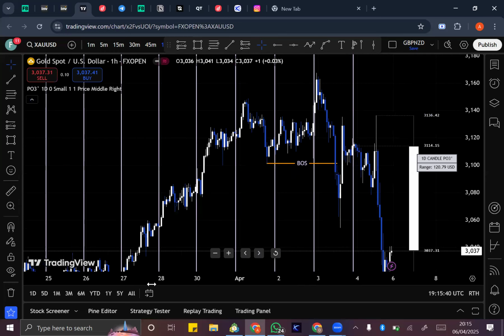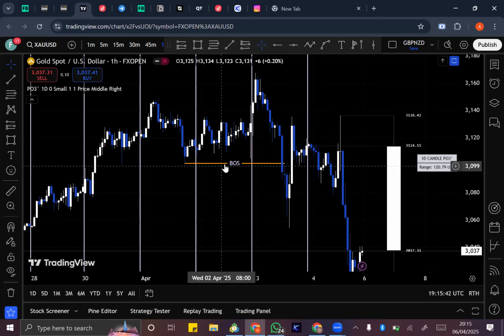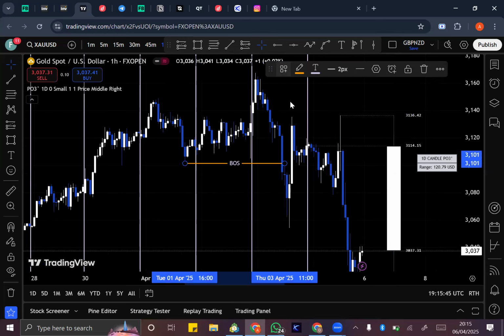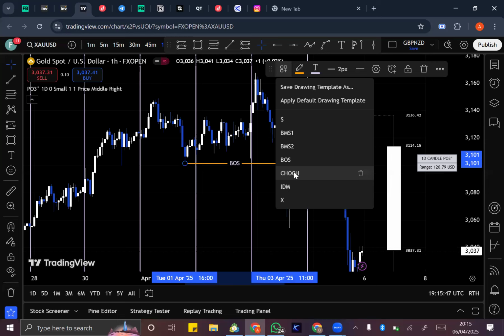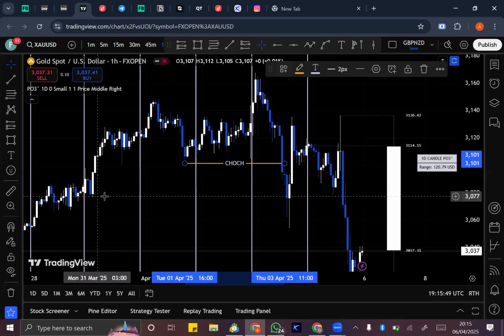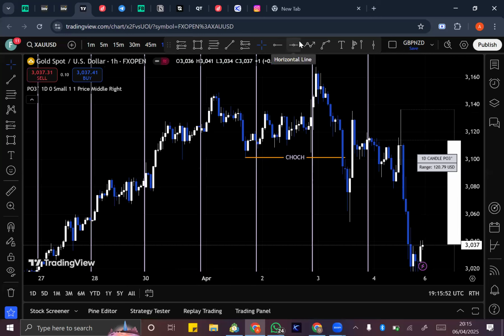But in this case, this was a change of character. This was not a break of market structure. This was a change of character. Because why? The market was pushing up, creating higher highs.